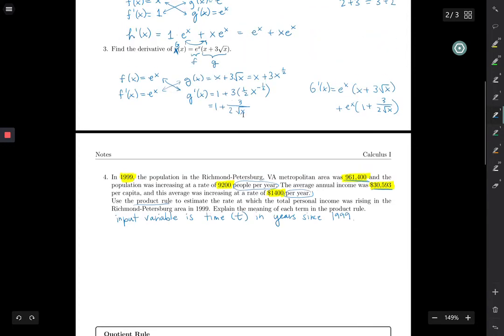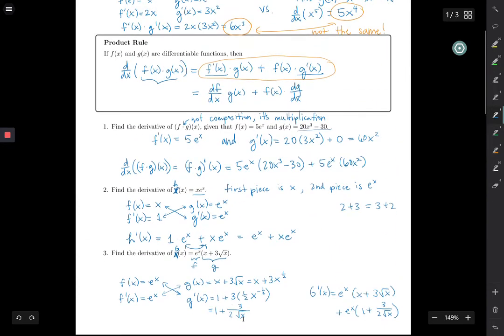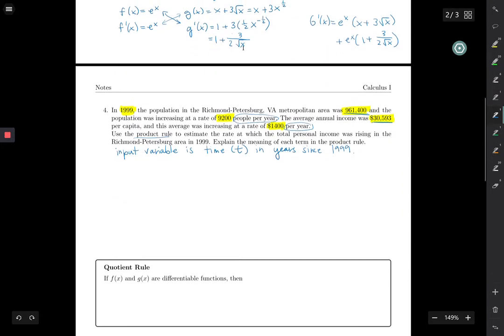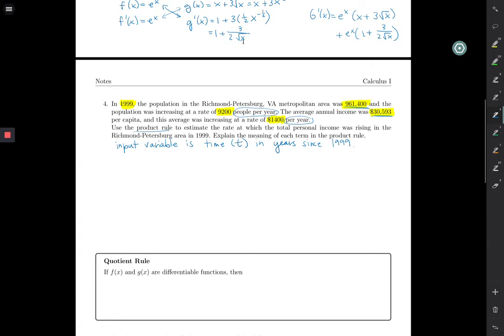So it's likely that if we look up at the product rule, we're going to take one of the rates and multiply it by one of the values that we're given, and then we'll take the other value that we're given and multiply it by the other rate, right? Okay, so let's label. We're given the population, so we'll use P for population, and P is a function of t.